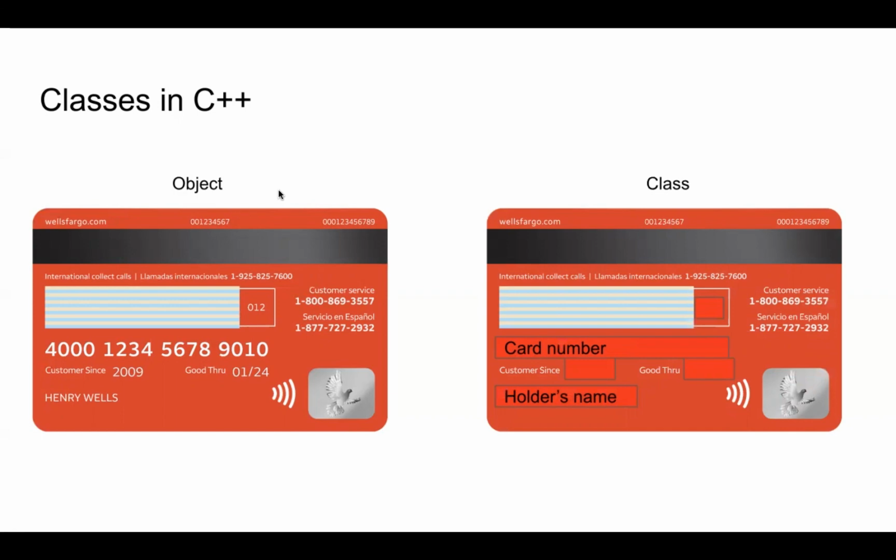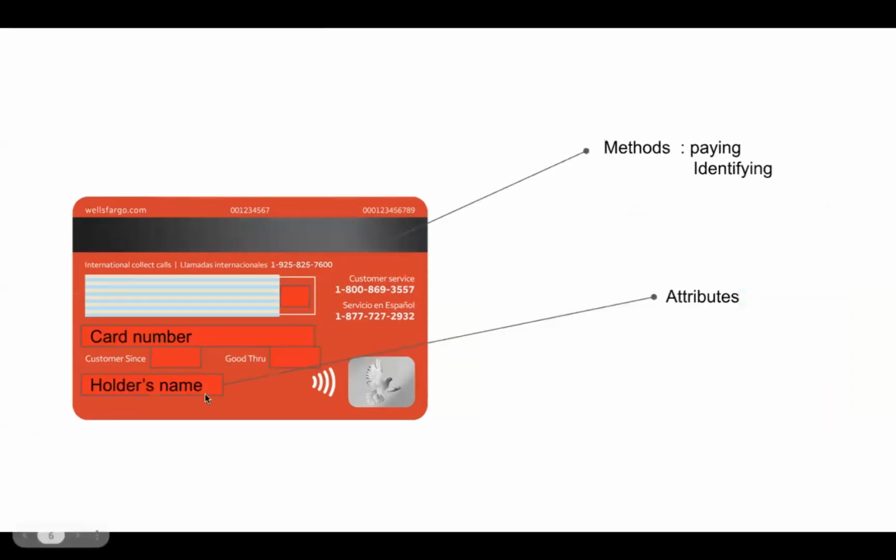So pose is a class in general, and your biomolecule is an object, which can be a specific protein or DNA. As you can see, when you look at the card, there's a place for the holder's name, for the card number, for the expiration date, for your password. Each of those placeholders for information is called an attribute.